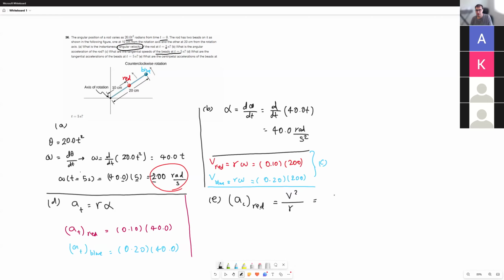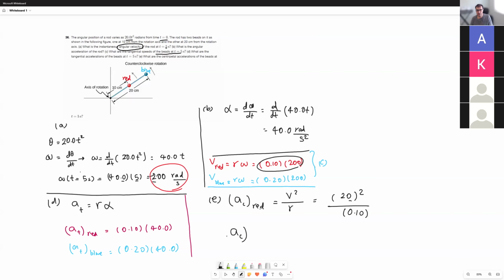V of red is 0.10 times 200, which gives me 20. It's actually only 20 because 0.10 has two significant figures. 20 squared divided by the radius, 0.10.